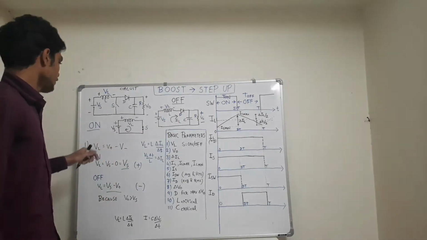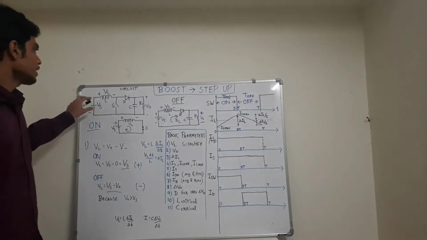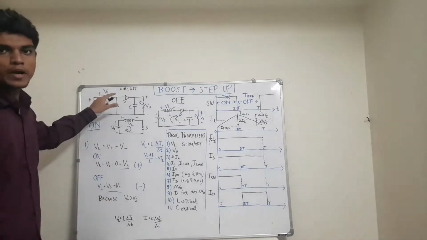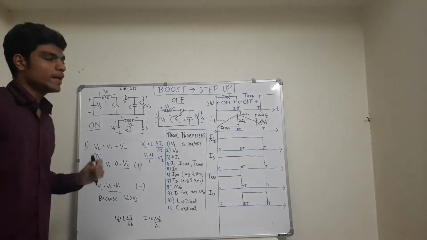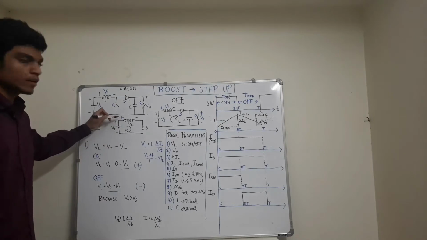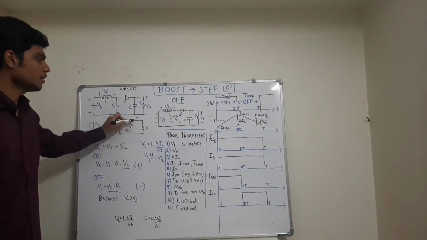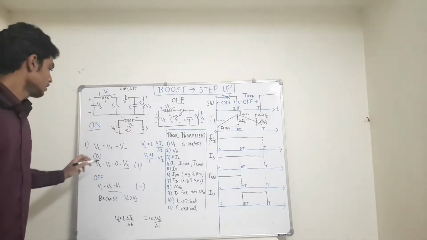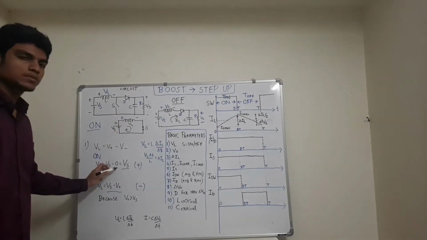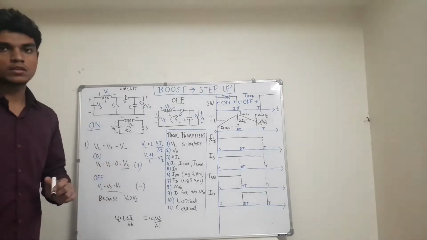So friends, the voltage across the inductor can be given by V plus minus V minus. Now when the switch is on, the voltage at the positive terminal is Vs and at the negative terminal is 0 because the switch is ideal. So in the on condition the voltage is Vs minus 0 equal to Vs, which is positive in nature.